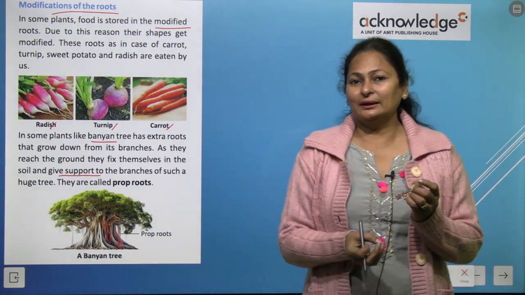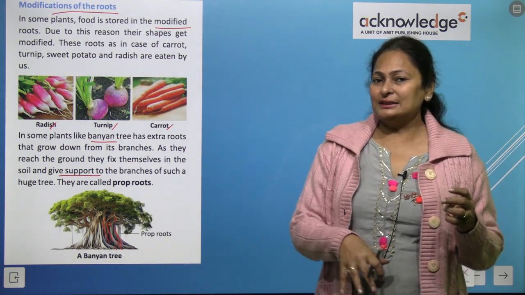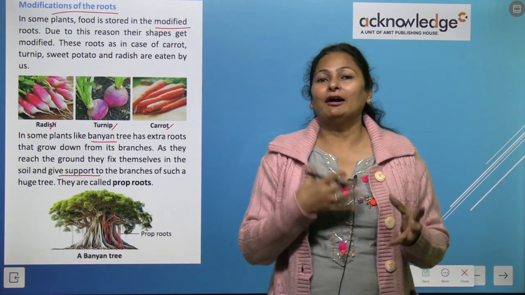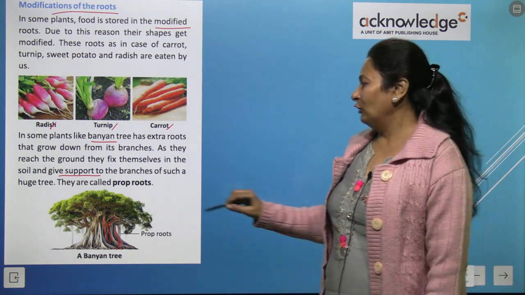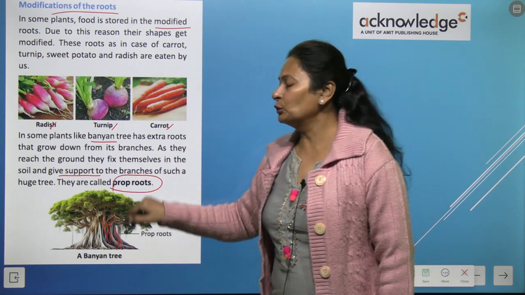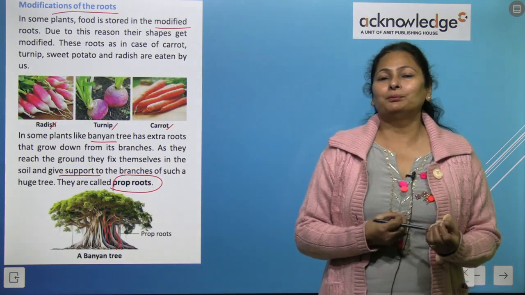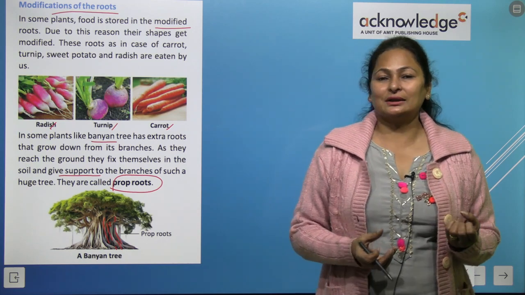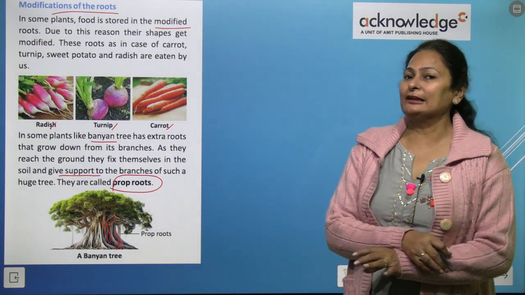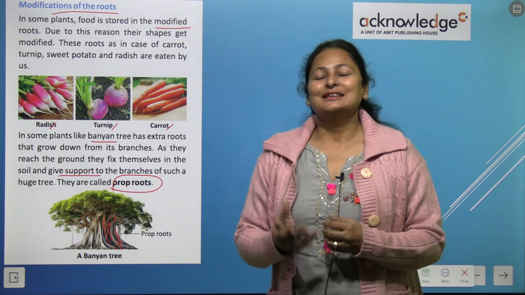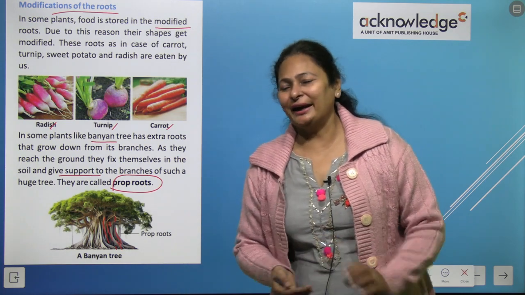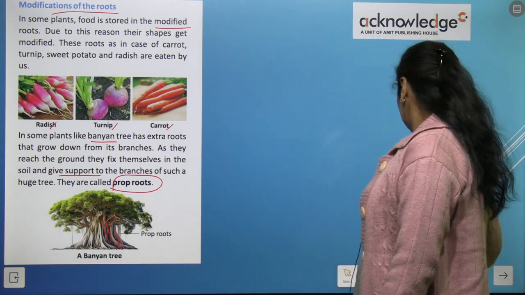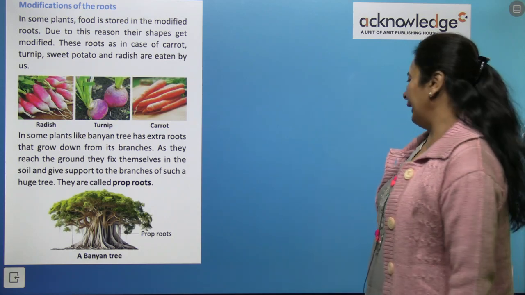So roots are there, fixed in the soil also, but they have an extra kind of root called prop roots, and these prop roots come down, grow towards the ground and fix themselves in the soil to give support to the tree, right? Are we clear, kids? So let's move ahead.